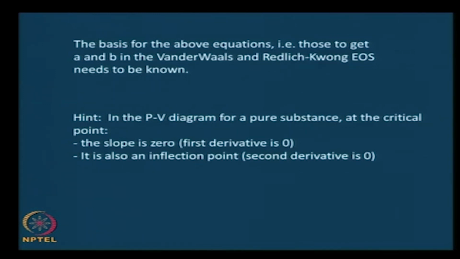The slope changes from one direction to the other exactly at that point, and that gives you another nice mathematical condition, which is d squared P by dV squared equals 0. So, you have dP/dV equals 0 and d squared P by dV squared equals 0, and you have the equations of state which describe PVT behavior. Please go ahead and try to get the expressions for A and B using these conditions.